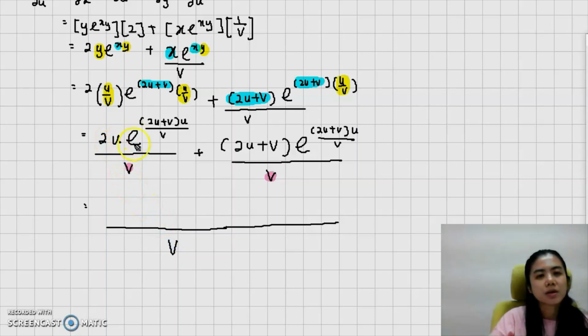Basically, I'll just rewrite it back. So I have 2u e^((2u+v)(u/v)) and I can expand this.